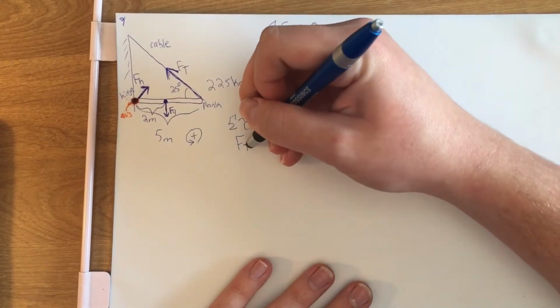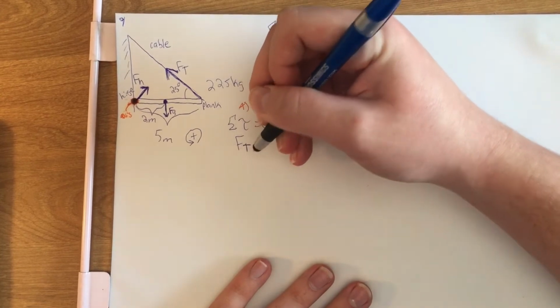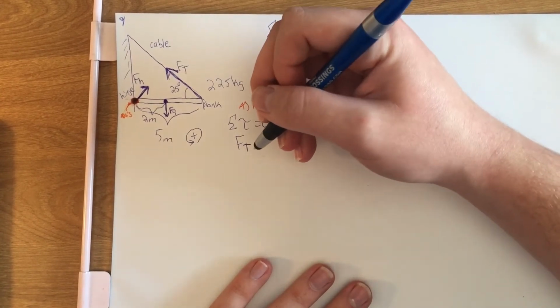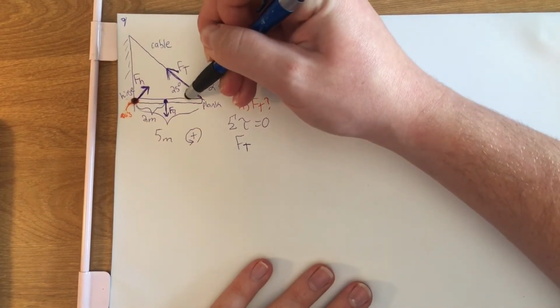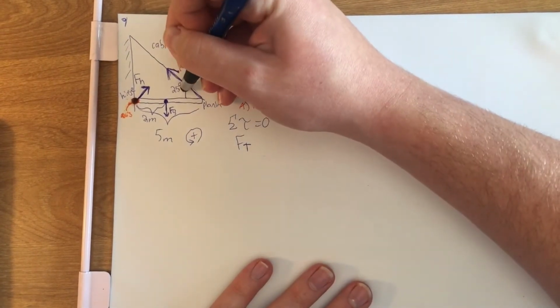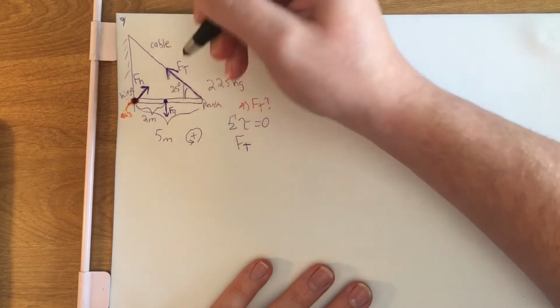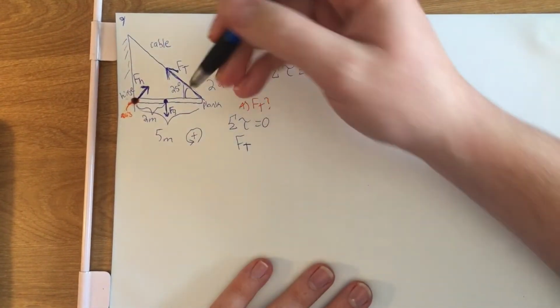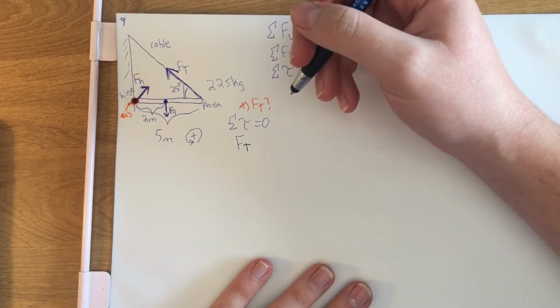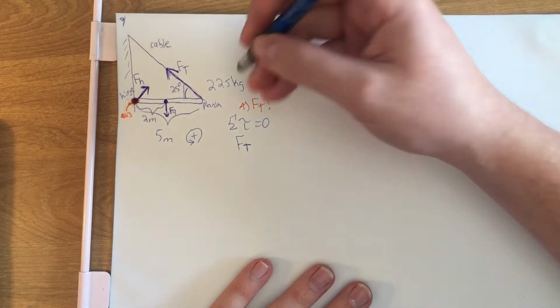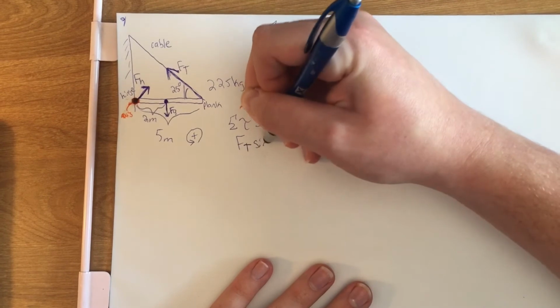And remember, it has to be the perpendicular component. Only the perpendicular part of the force is going to apply torque. So here's my angle. I want the perpendicular component, the piece right here. How would I find that given this angle? What trig function would I have to use? So I would use sine. Force tension sine 25.